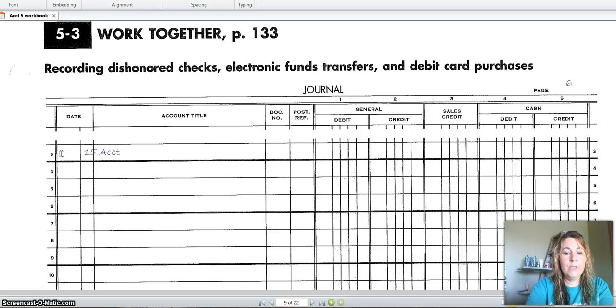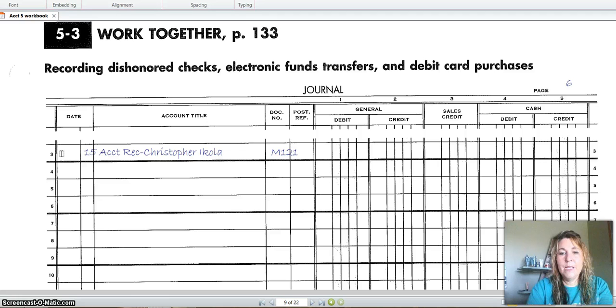I'm going to abbreviate this for Christopher Icola. And the reason why we're doing accounts receivable is because he now owes us the money. Document number, this is memorandum 121. And we're going to make this a general debit because the amount he owes us has increased.